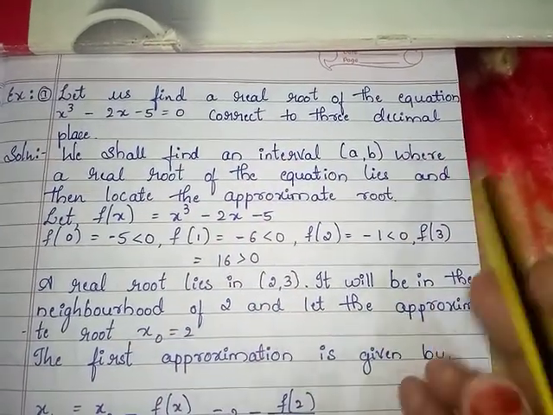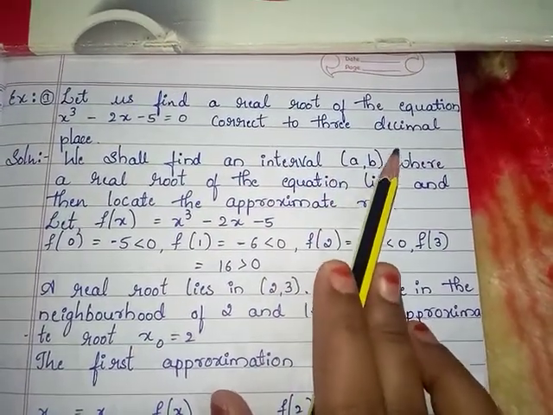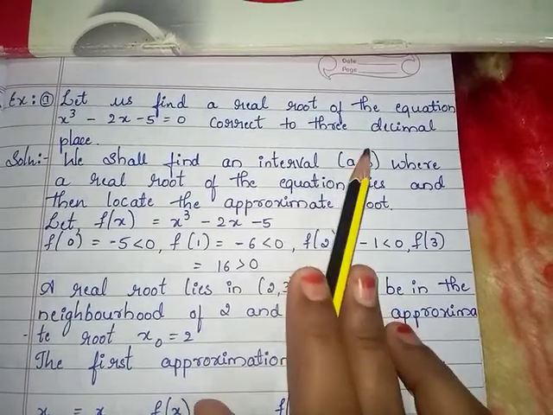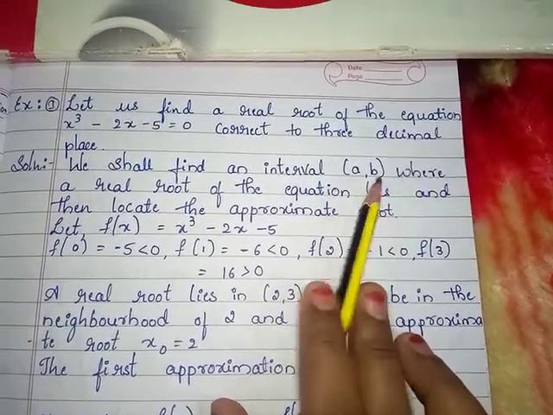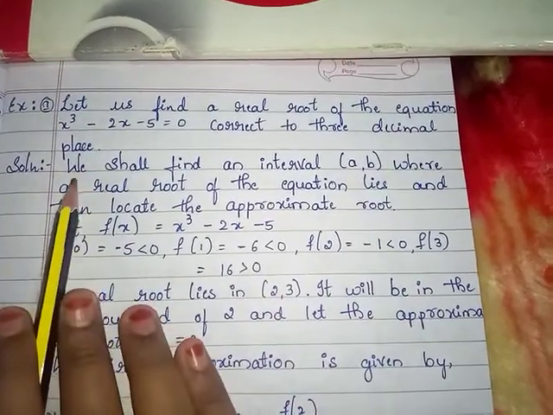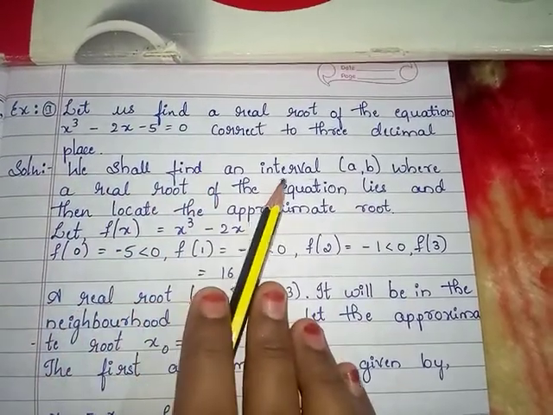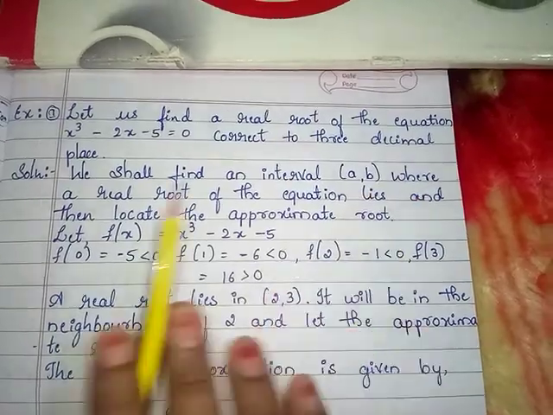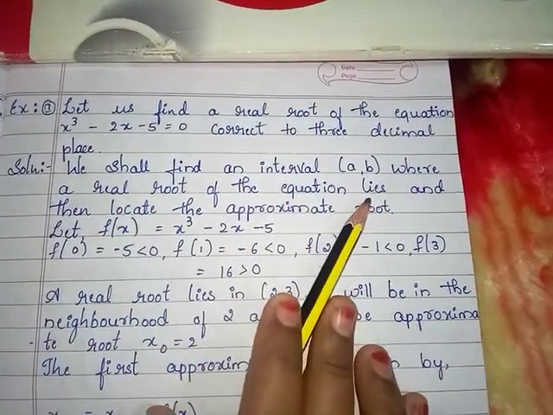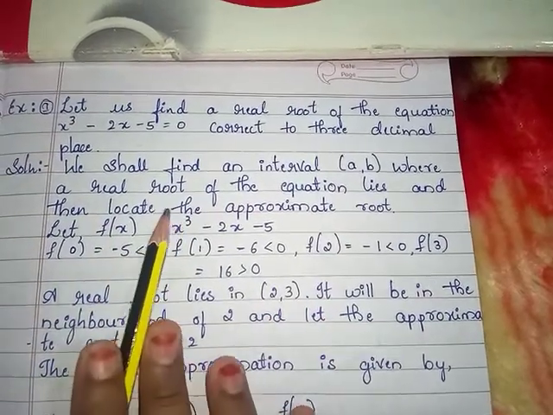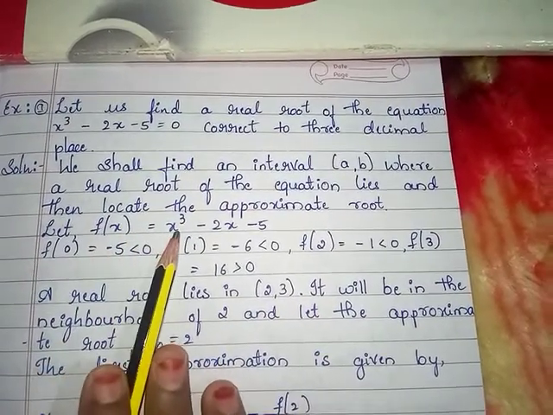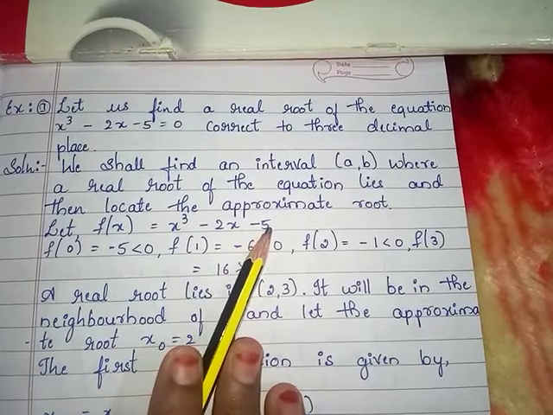Next we go to other values for a and b. We shall find an interval a, b where a real root of the equation lies, and then locate the approximate root. Let the given equation be f of x is equal to x cube minus 2x minus 5.